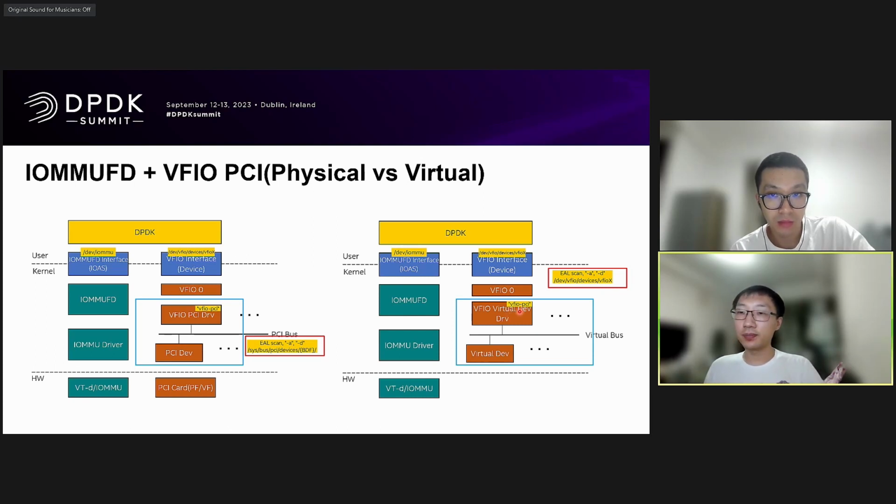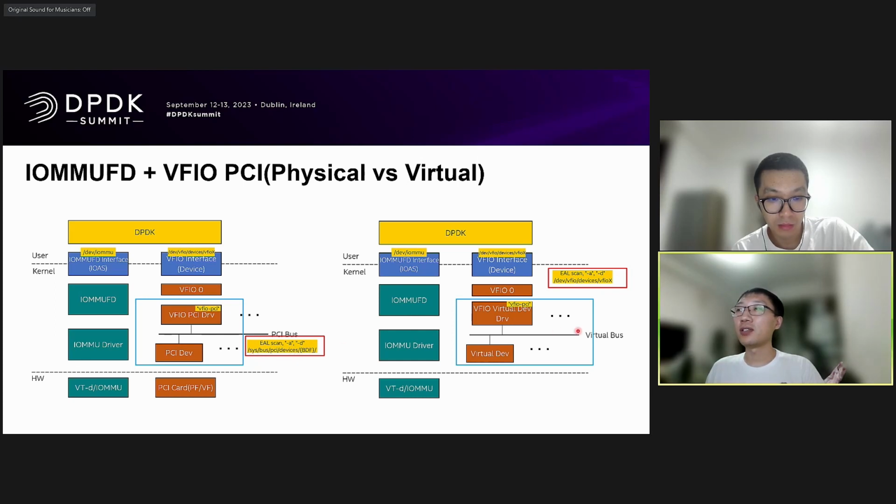Then if you look at the EAL scan part, that is a little bit different. When we try to scan all the devices, on the left all the devices are on the Linux PCI bus, so we can find them easily.